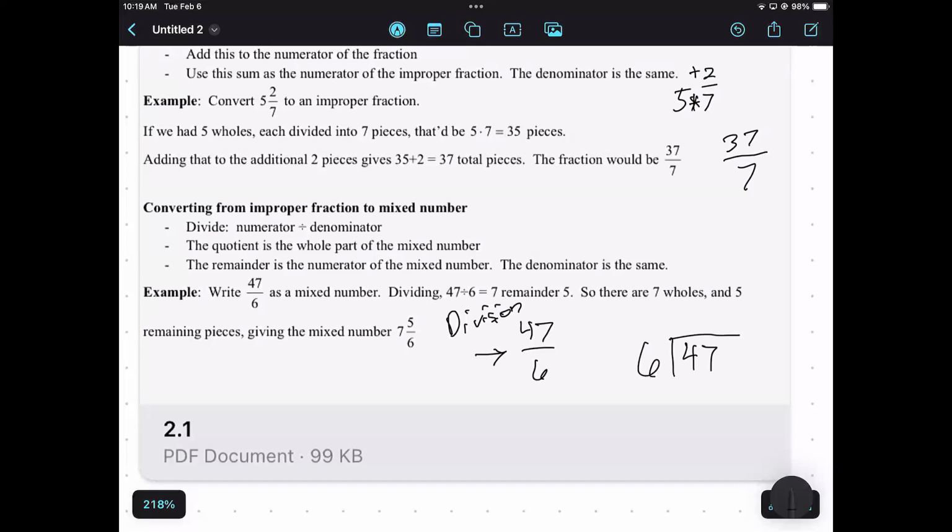Remember, the amount being divided by is outside of the house. So 6 will go into 47 7 times. 7 times 6 is 42. Draw the line, change the sign, remainder is 5, or 7 plus 5/6. 5 still remaining to be divided.